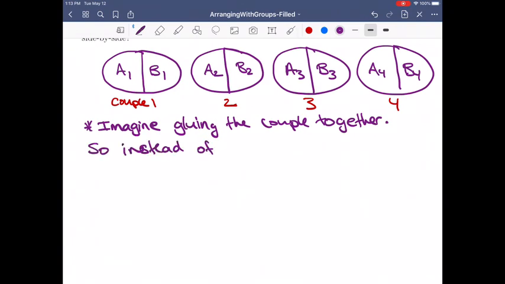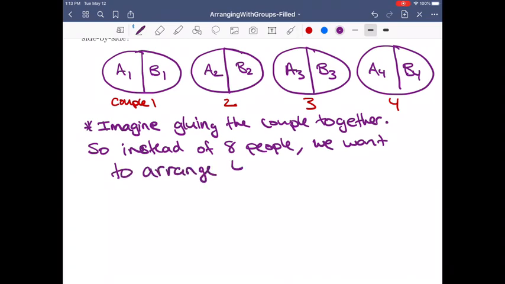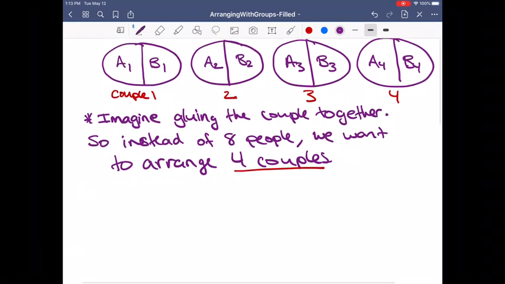So instead of 8 people, we want to arrange 4 couples. Okay, so we only have 4 objects at the moment because we have 4 groups of 2 things. So we're going to arrange the 4 couples.